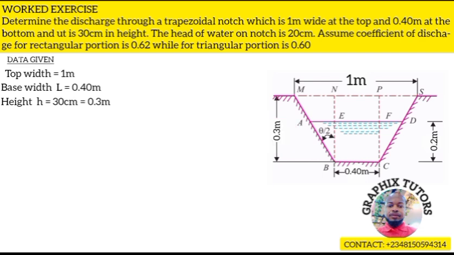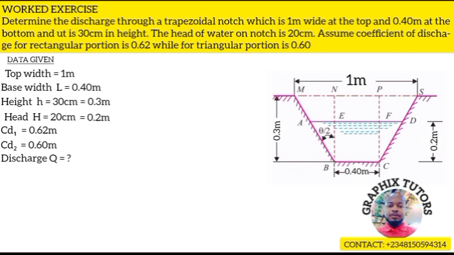Now move forward. It says the head of water on the notch is 20 centimeter. So the head of water, capital H, is 20 centimeter. If I convert it to meter, I'll divide by 100, and that will give me 0.20 meter. That is the head. Then the coefficient of discharge for the triangular portion is given to be 0.6, while the coefficient of discharge for the rectangular section is given to be 0.62, as said in the question.